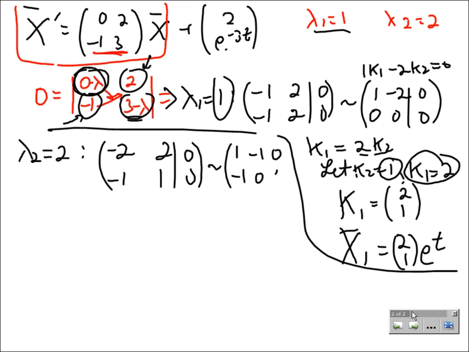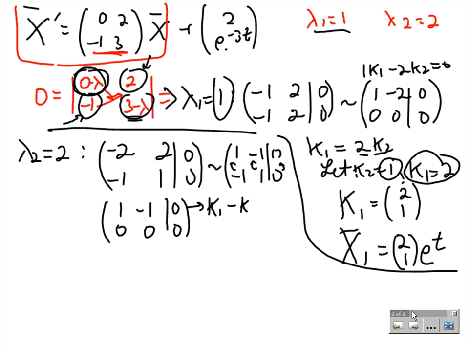And if I add these two rows to replace the second row, you add those, you get 0, you add those, you get 0, you add those, you get 0. So the top equation tells me k1 minus k2 is 0.